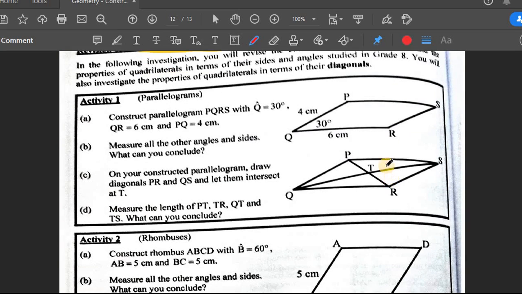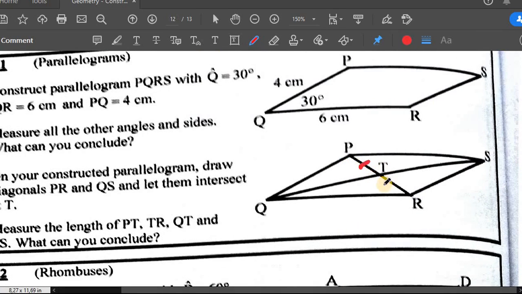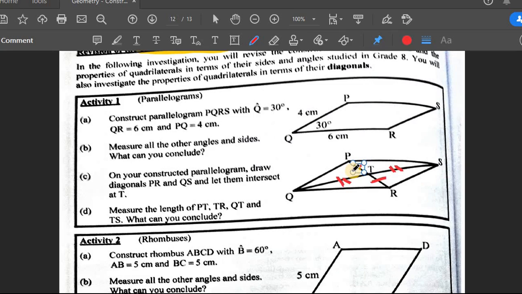What about a parallelogram, right? Our diagonals. This side is longer than this side with a parallelogram. It's like a tilted rectangle, right?